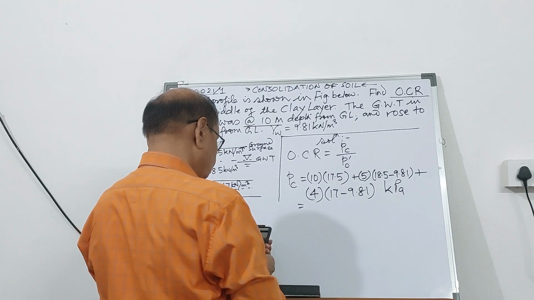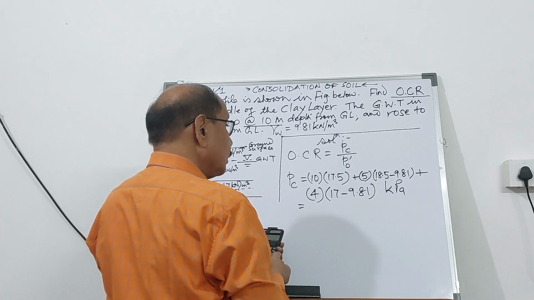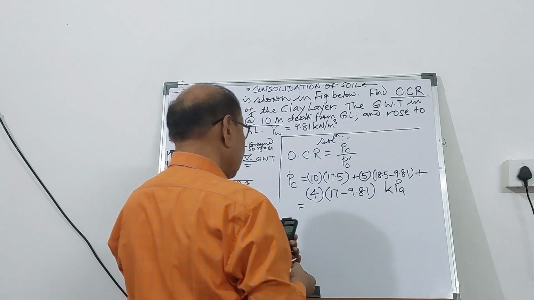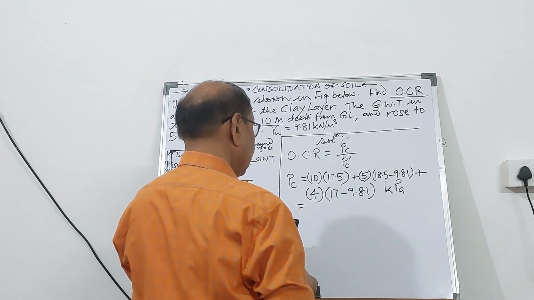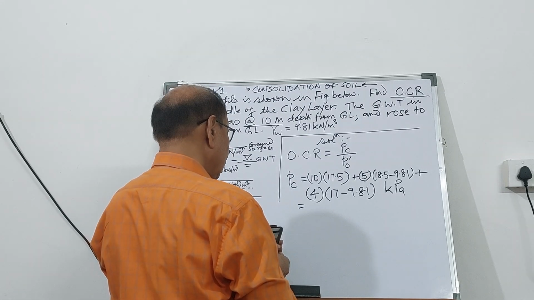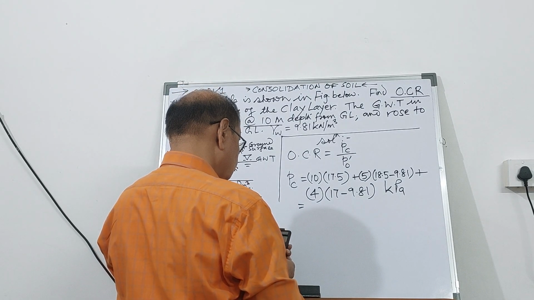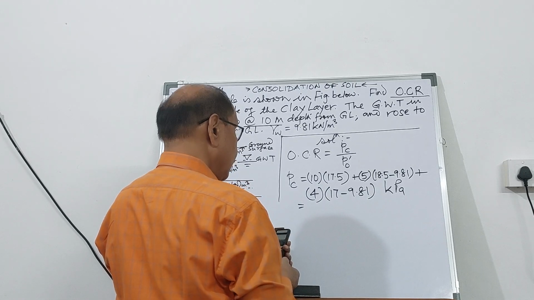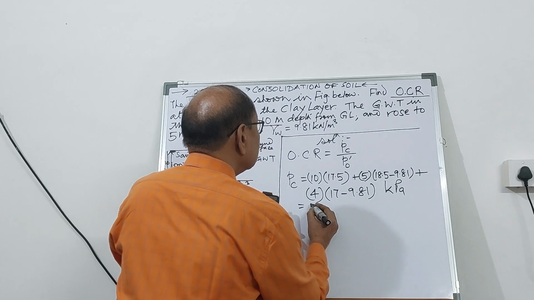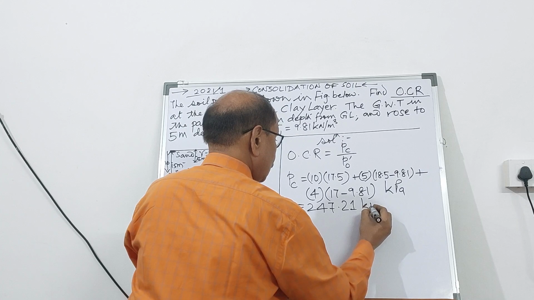So this becomes 175 plus 17 minus 9.81. 247.21 kilopascal.